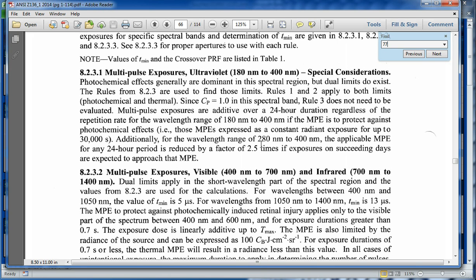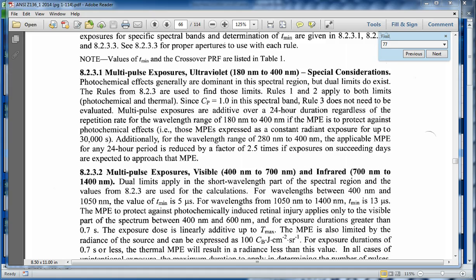The other thing it tells us is that from 280 to 400, where our 308 nanometer wavelength lies, for any 24-hour period, you should reduce the MPE by a factor of 2.5 for succeeding days. So what happened when I said yes to successive days is the MPE automatically gets reduced by a factor of 2.5.